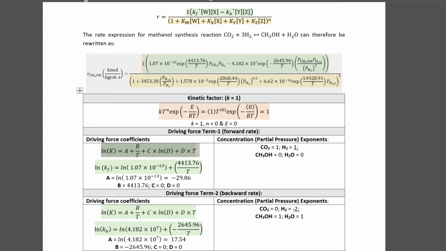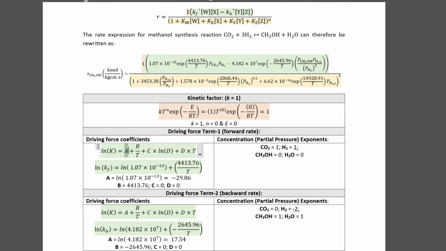Let's translate the pre-exponents into the format of Aspen Plus, where the natural log of the forward rate coefficient is the natural log of this vector that splits the multiplying terms into the sum of the two terms. Natural log of 1.07 in 10 to the power minus 13, and natural log of the exponent is simply the factor appearing in the exponent.